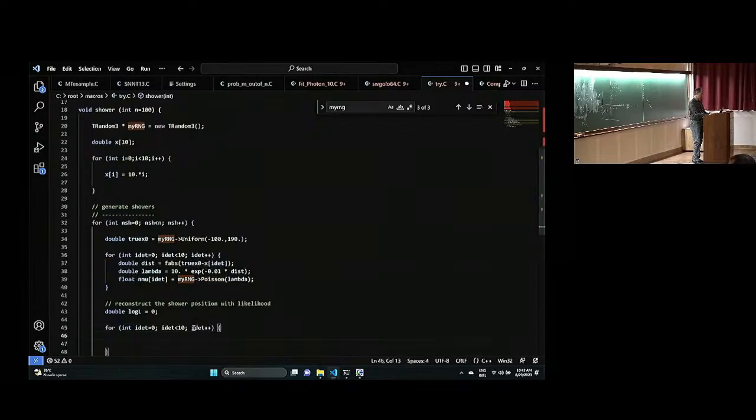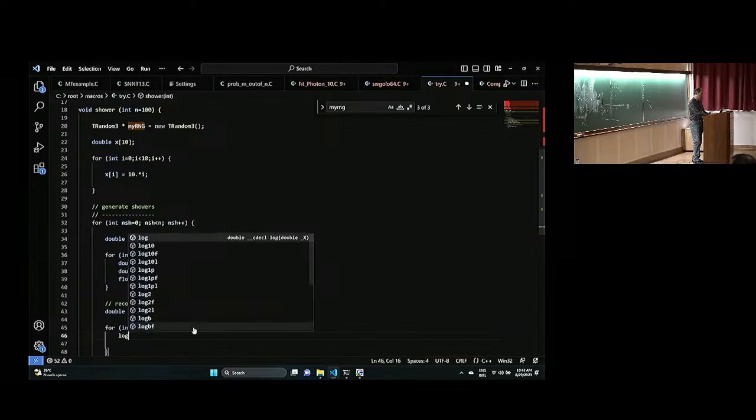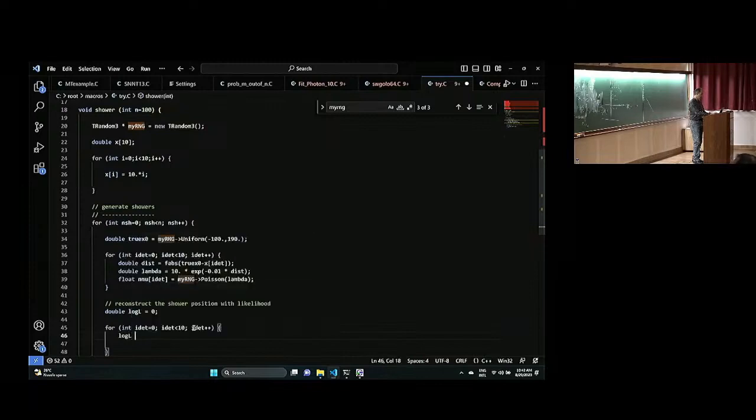And inside here, we do the log likelihood plus equal to what? This is not the derivative, but we still are computing the logarithm of the likelihood. And this is the sum of logarithms of the Poisson terms, okay? But these are the Poisson terms that depend on the parameter x0.